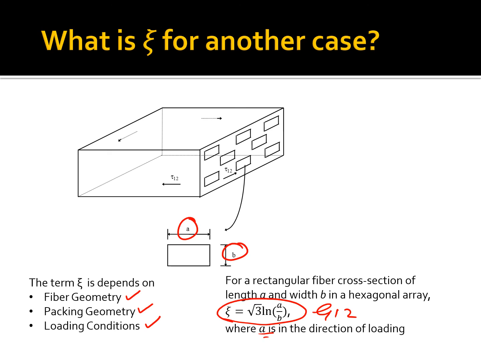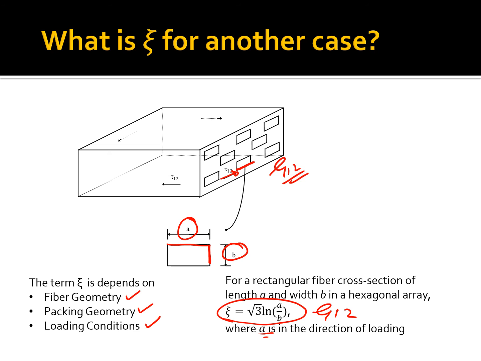A is in the direction of loading. So if we are trying to find G12, then A is this direction, or this side right here, and B is the opposite side. If we were trying to find G31, for example, then we would have A and B reversed. So that's where this loading conditions part comes from.